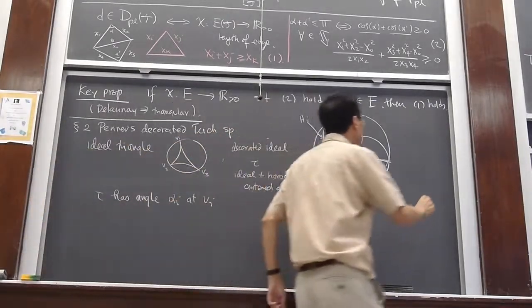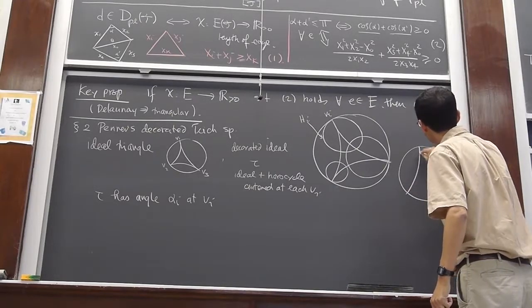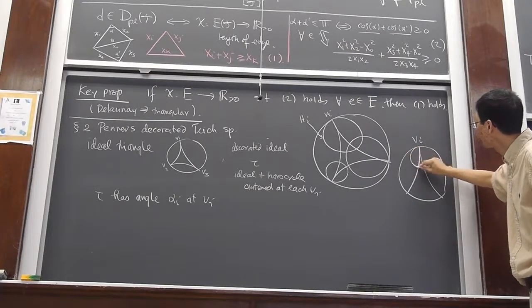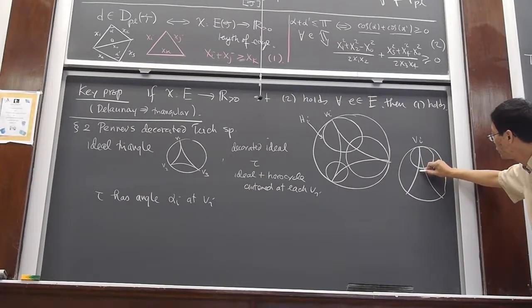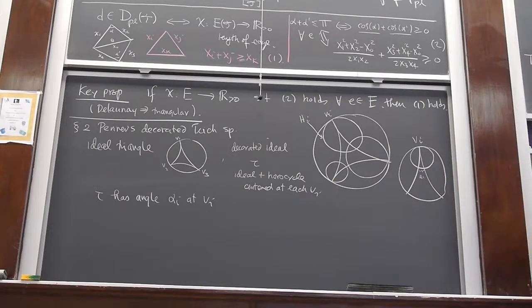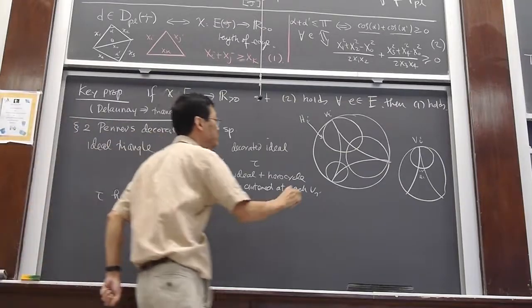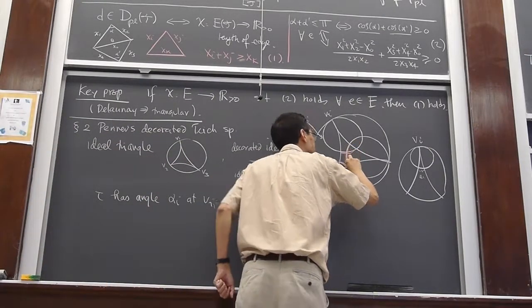So tau has, I'm going to call the angle alpha_i at v_i. The angle is simple. You look at the two infinite geodesics coming out of v_i, and you have this horocycle centered at v_i, and the length of the horocycle between the two, that's a_i. So that's going to be the angle of this triangle.